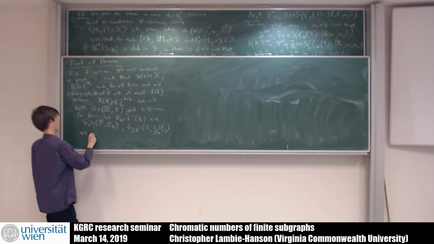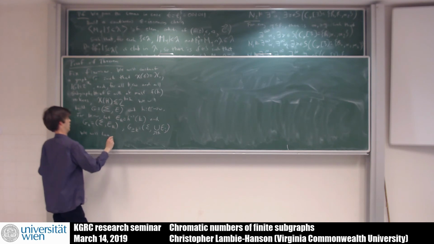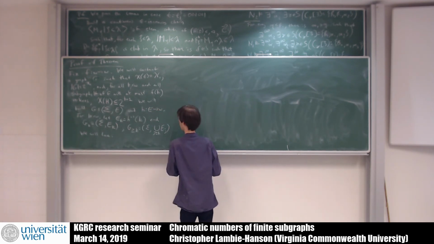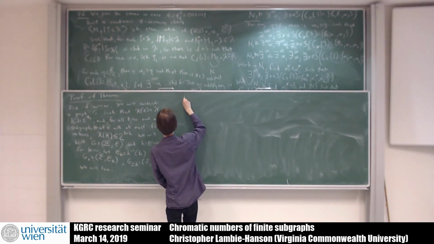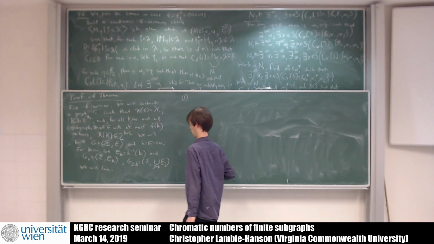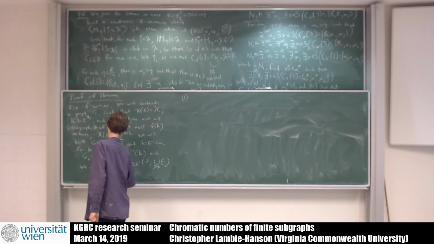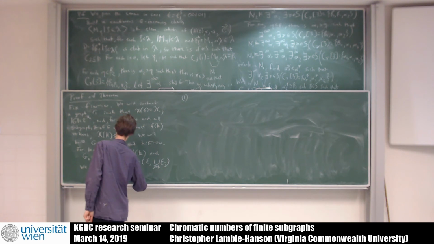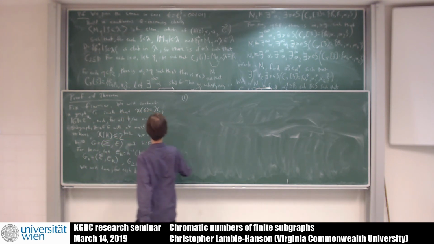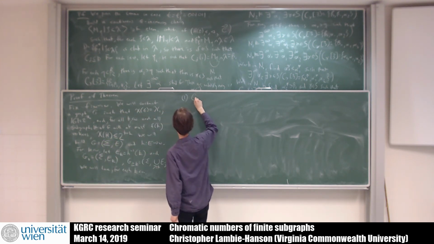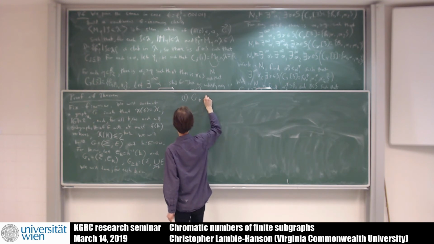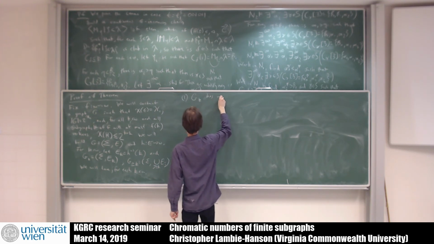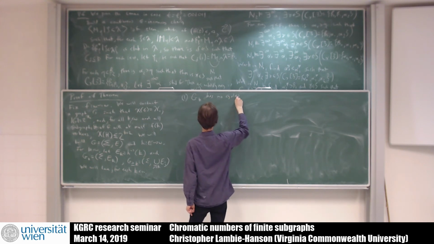And we will have the following two important things. First of all, for each k less than omega, G_k has no cycles, a cycle-free graph.